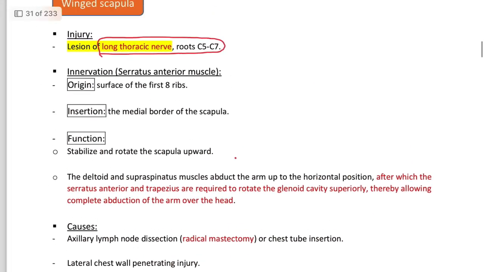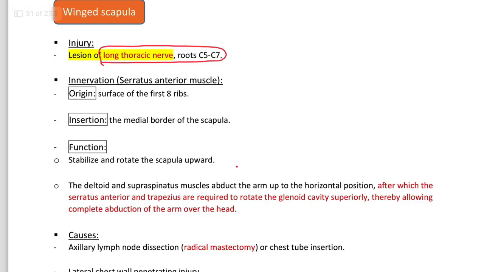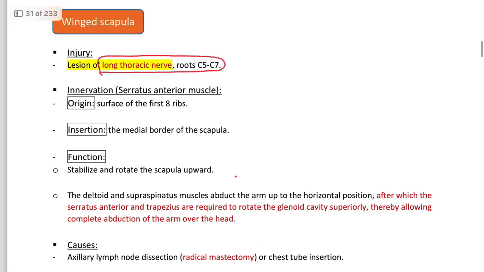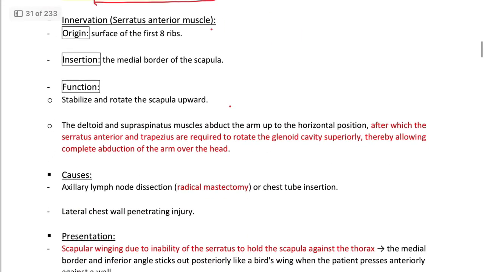Here, why will wing scapula happen? If there is any lesion in the long thoracic nerve, C5 to C7, or if the patient got a surgical mastectomy or stab wounds, then that patient will get wing scapula. This nerve stabilizes and rotates the scapula upward.